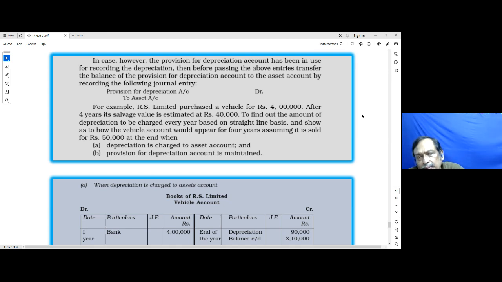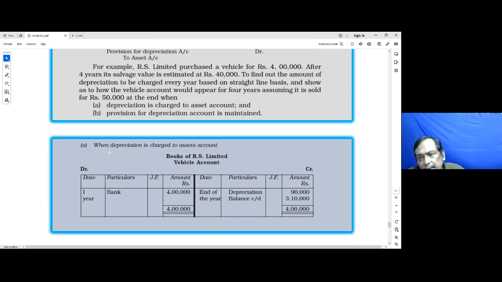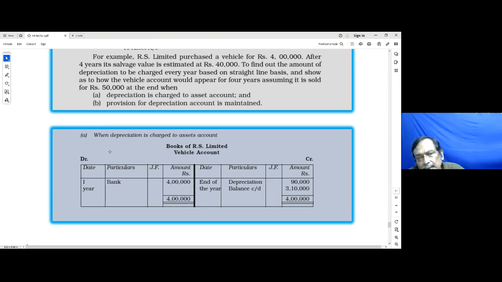To find out the amount of depreciation to be charged every year on straight line basis and show how the vehicle account would appear for 4 years, assuming it is sold for rupees 50,000 at the end, (A) when depreciation is charged to asset account, and (B) when provision for depreciation account is maintained. So we'll be discussing the first part, and in the next class we'll be discussing the second part.